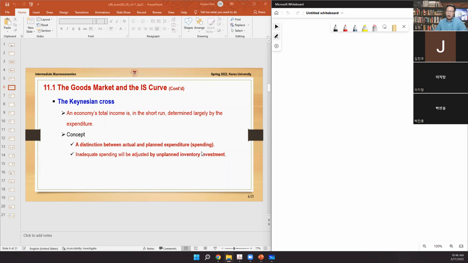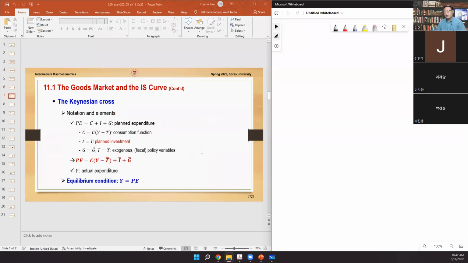Sometimes this is weird, because in the general understanding, inventory looks like something not sold. So how can you categorize something not sold as inventory investment? But it looks like a reserve, and based on this level of inventory, they adjust the mismatch between planned expenditure and actual expenditure.